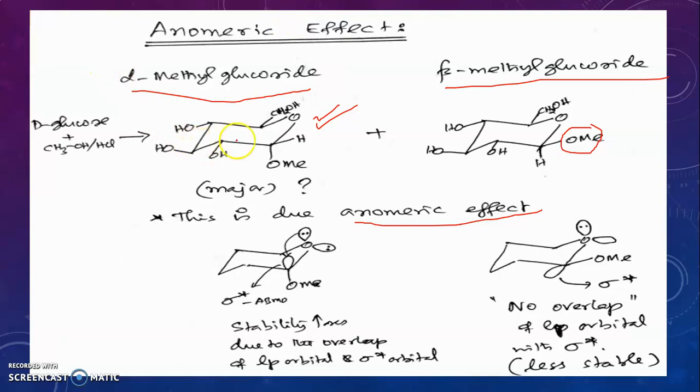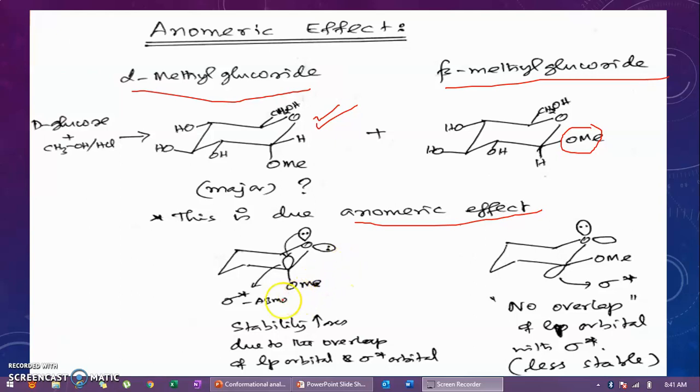Now what is the reason for this? Why is this axial methoxy isomer more stable compared to the equatorial? What's the reason for this? We have one more explanation, besides the one based on dipole-dipole repulsion.